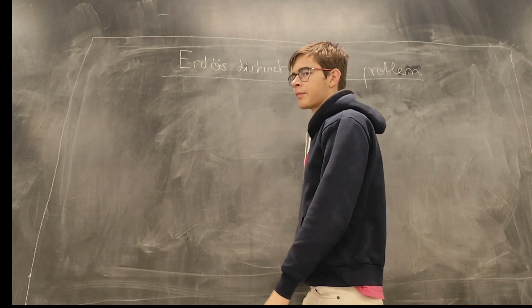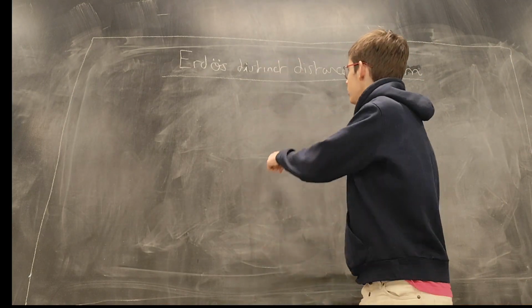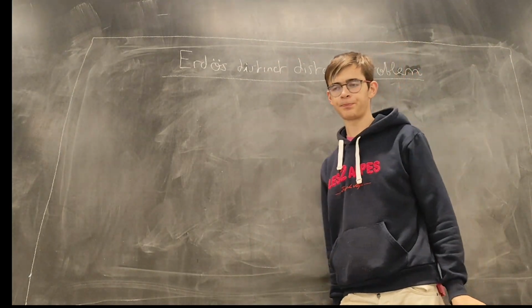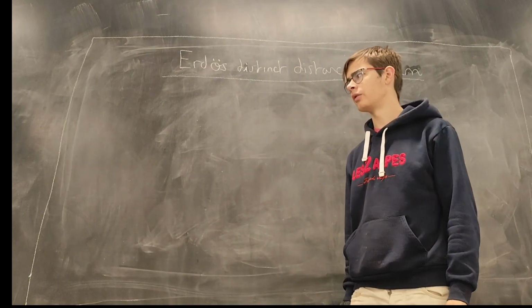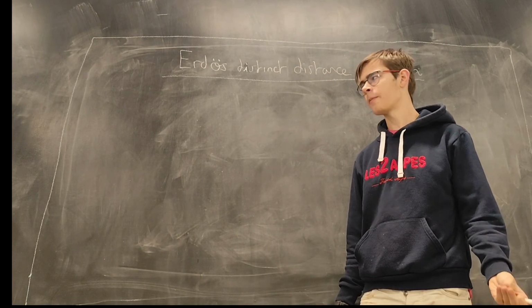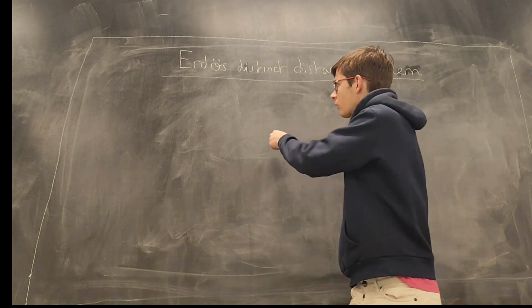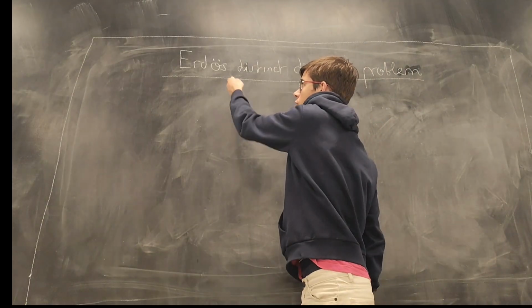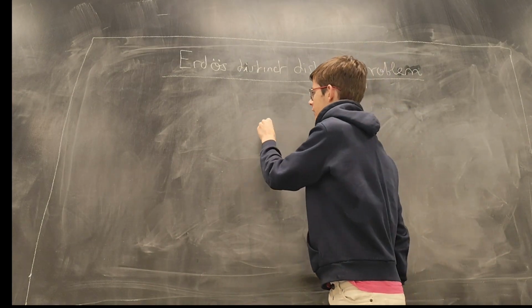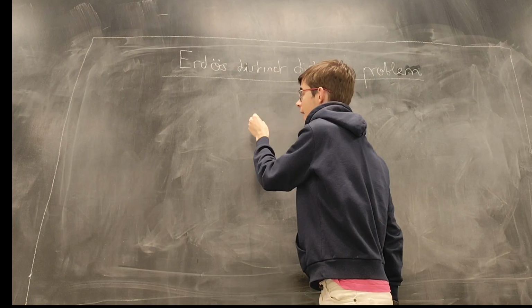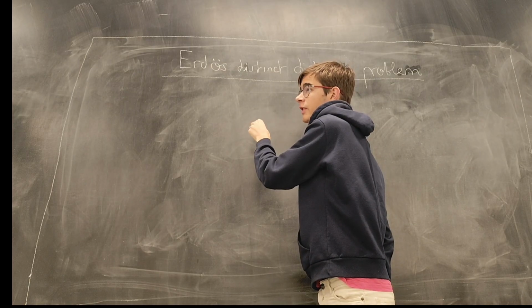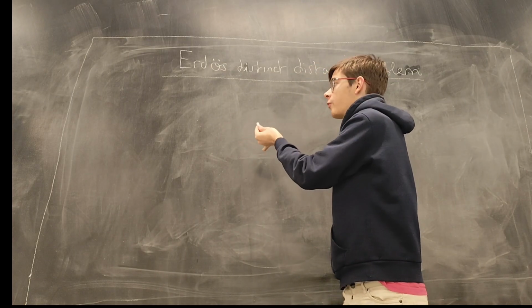Hello everyone. Today I'd like to talk about the Erdös distinct distance problem, which is a problem in Euclidean geometry that was introduced by Erdös, and which is about the distances between a set of points.